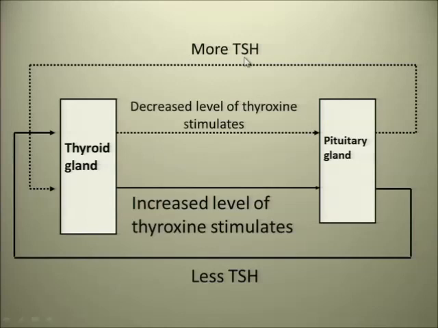So if there's more TSH, the more the thyroid gland will be stimulated to secrete thyroxine. The more thyroxine there is, the less TSH the pituitary gland will produce. That is the negative feedback between the pituitary gland and the thyroid gland.